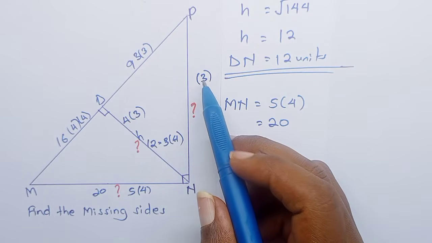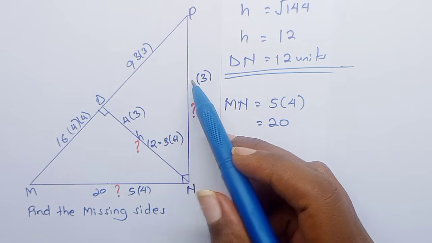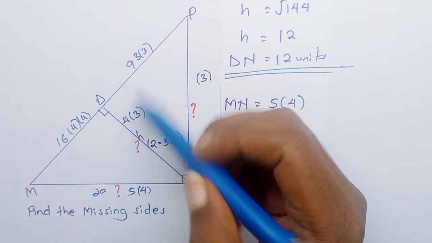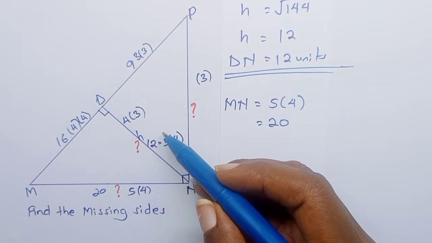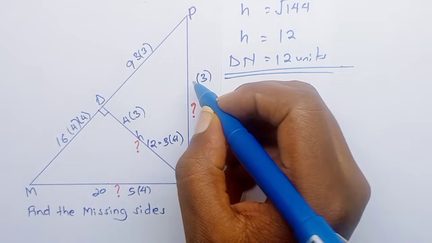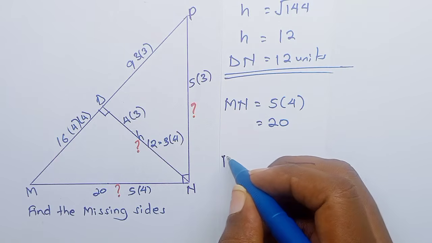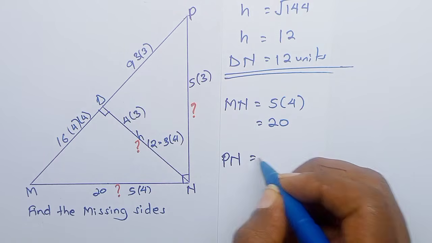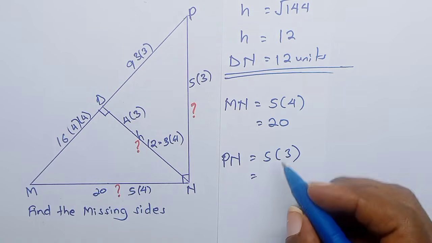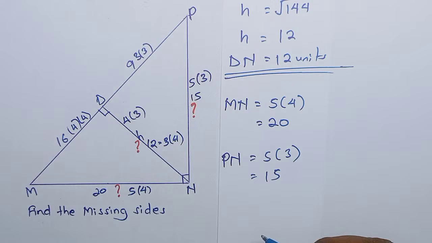Now to get the other figure, we go back to our Pythagorean triples. So we have 3, 4. So the closest to that is 5. So it's a 3, 4, 5 triangle as well. So this will be 5 by 3. Therefore, PN is 5 by 3. 5 times 3 is 15. So this side PN is 15.